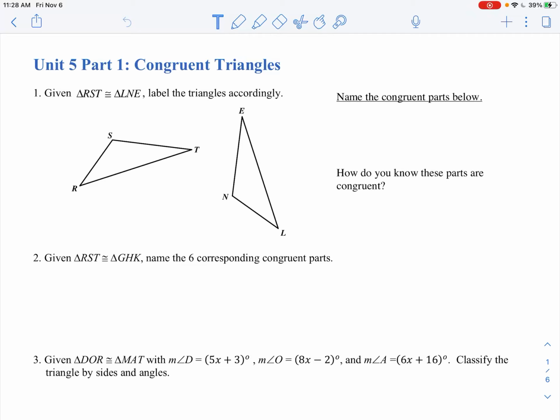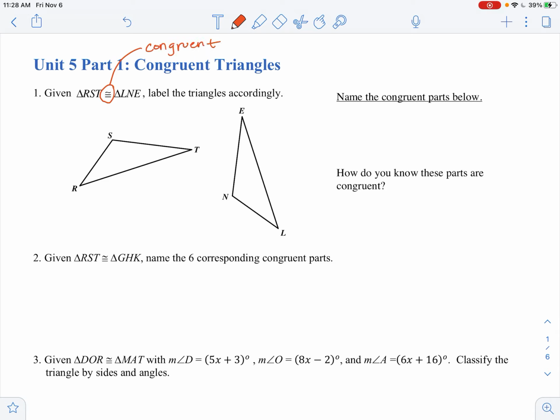All right, so this lesson is all about congruent figures, and we're going to focus on congruent triangles. Whenever we have a congruent set of triangles or any figure, we're going to use this congruent symbol right here, which we've been using so far, but this symbol does mean congruent.